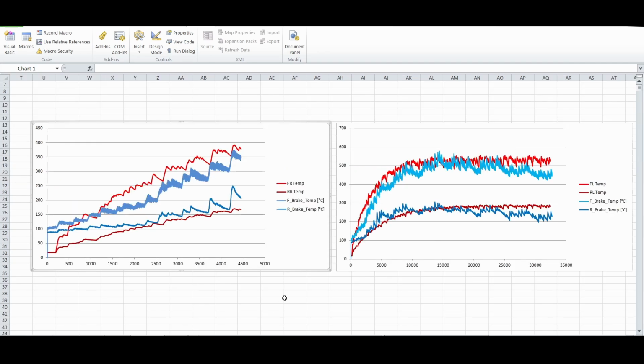So let's say your car's finished and you actually go race. You can compare the real data to your simulation data. So I do have some real data here. It's the blue lines here. I don't know the actual specs of the car. I don't know the convection coefficient. I don't know the mass of the rotors or the size, any of it. So it wouldn't match.